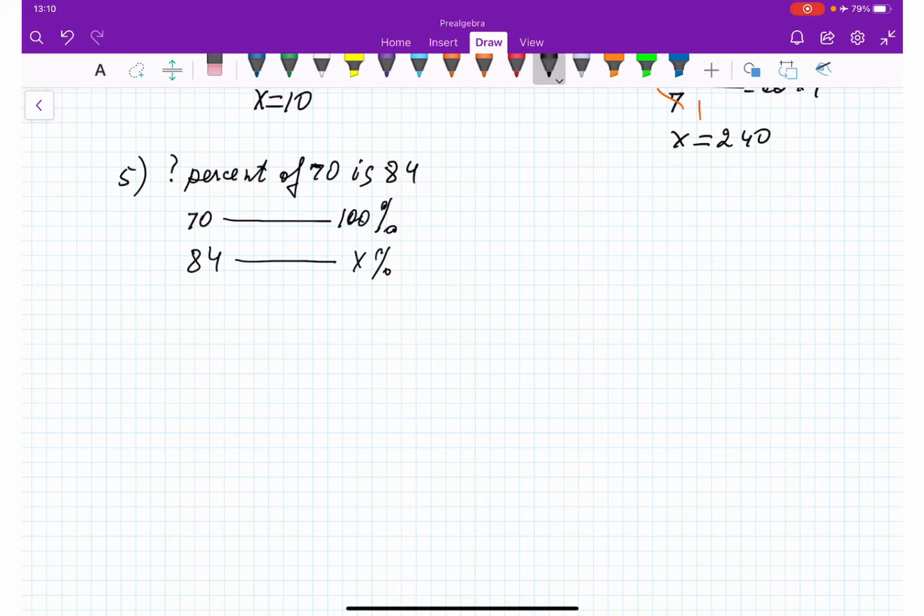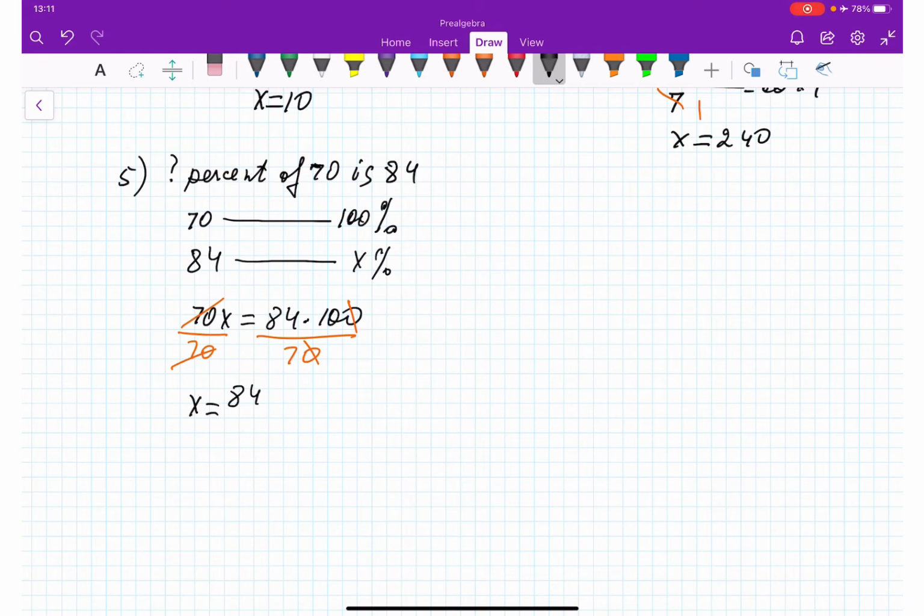Let's find out how much it is, that 100 plus percent. Okay, so it's going to be 70x is equal 84 times 100. And once we divide by 70 here, divide by 70 here, this is gone. And 70 and 100, 0, 1 0 is gone. So from here, we have x is equal 84 divided by 70.